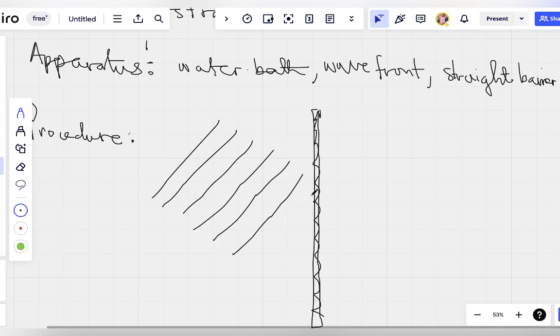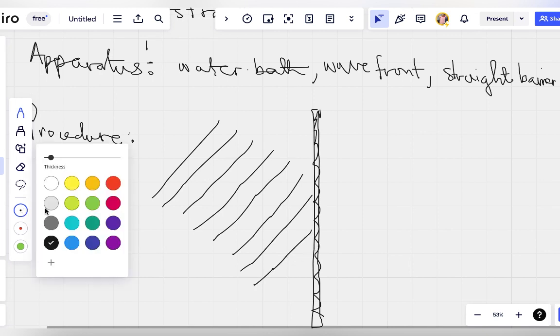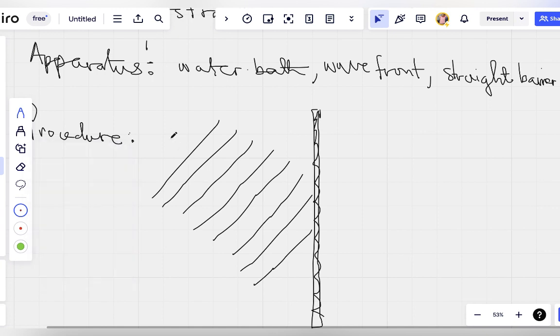Yeah, we're using the water wave like this. Now the water wave is traveling like this. Let's say the wave is coming like this, so it's incident to the barrier.